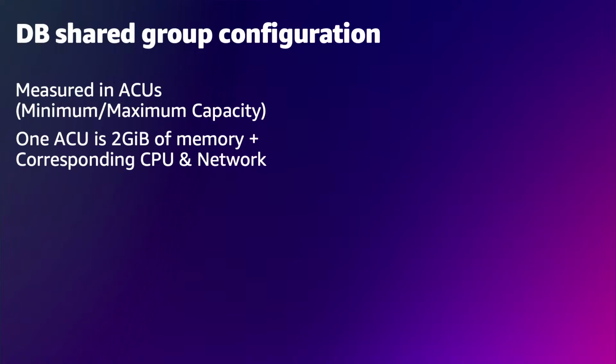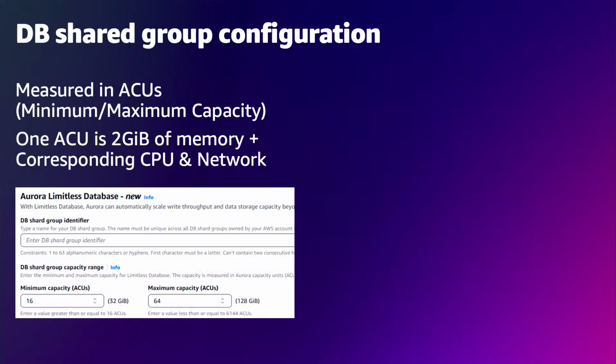And obviously associated with that, you have the normal CPU and the network capabilities that it requires. So when you're configuring it, it's basically very simple. You have the minimum ACUs, the maximum, and most importantly, you have to put in the shard group name.